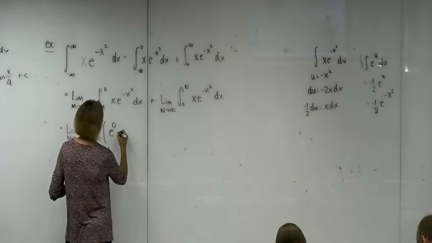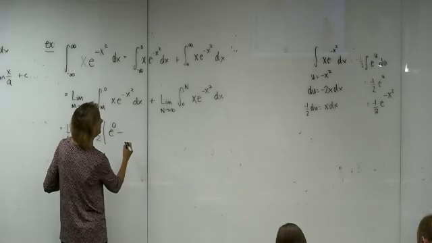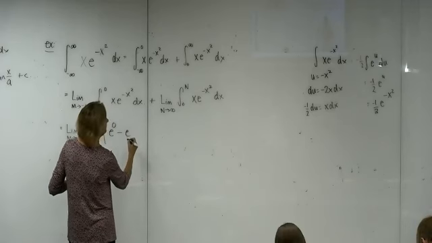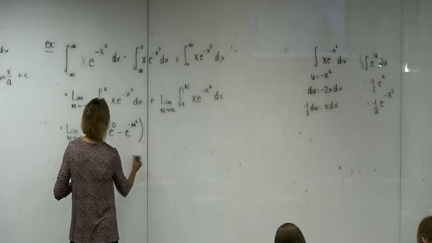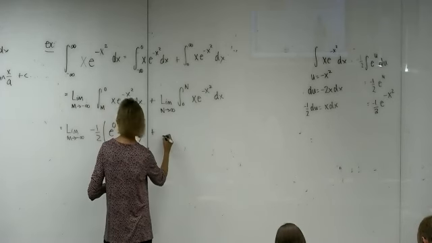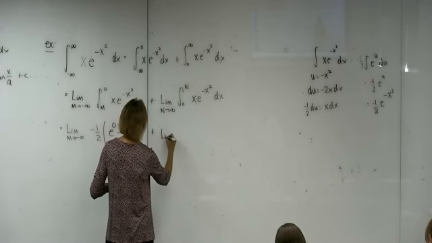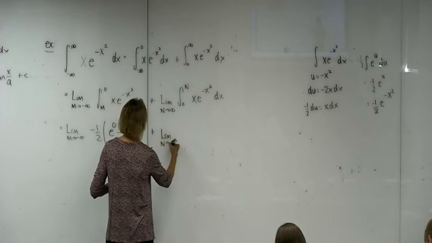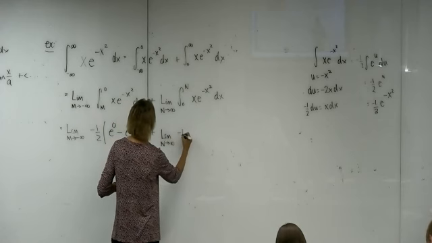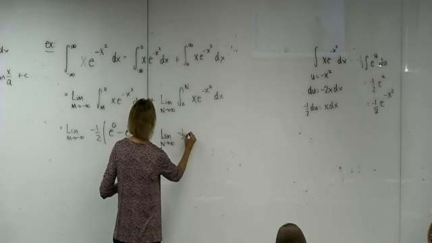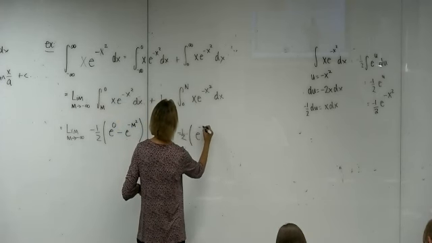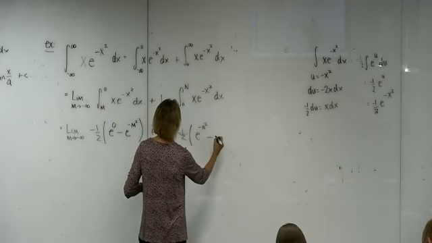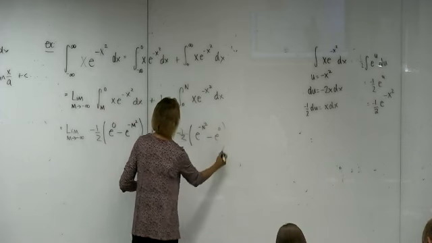And then minus e to the negative m squared. And over here, got a minus 1/2. And then n, e to the negative n squared minus e to the 0 again.